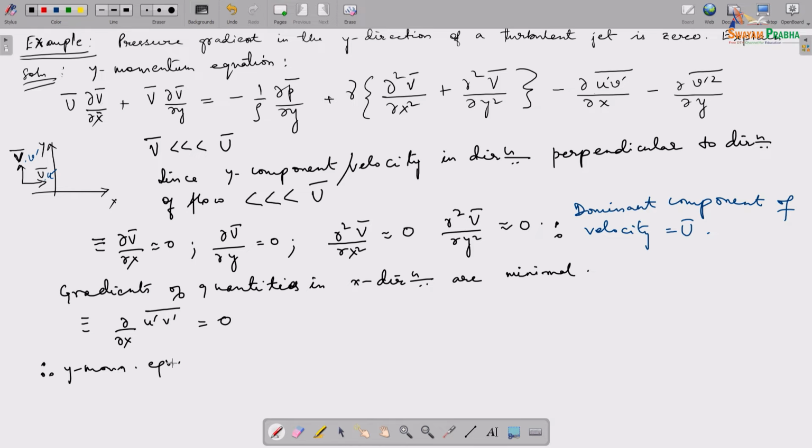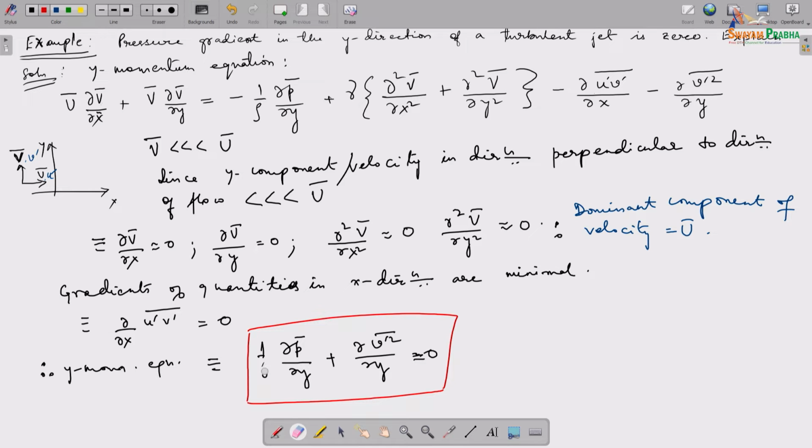So then the y momentum equation is equal to, okay, so this becomes my y momentum equation. Right.